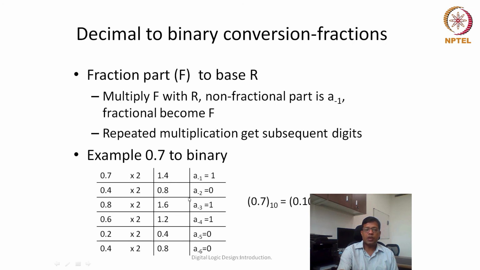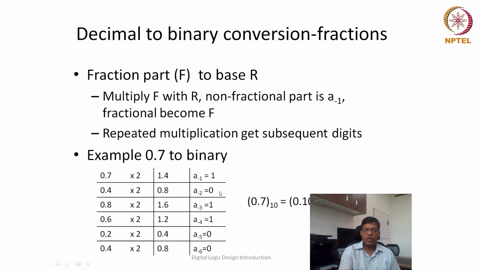In the multiplication we have not received 0, so there would be some part which keeps on repeating. That repeating part we can observe here. You see this pattern 0.4, 0.8, 0.6, 0.2, and because we have received 0.4 again, this pattern is going to continue.